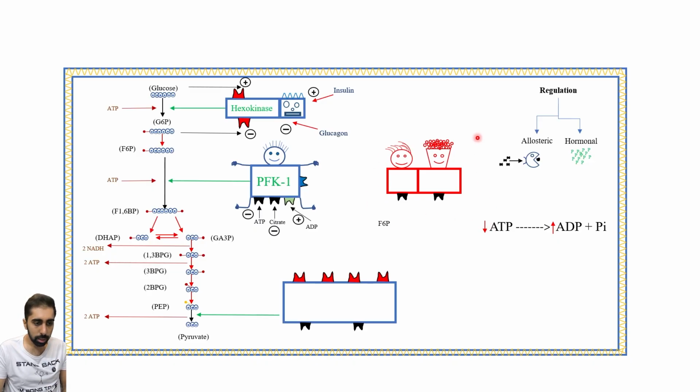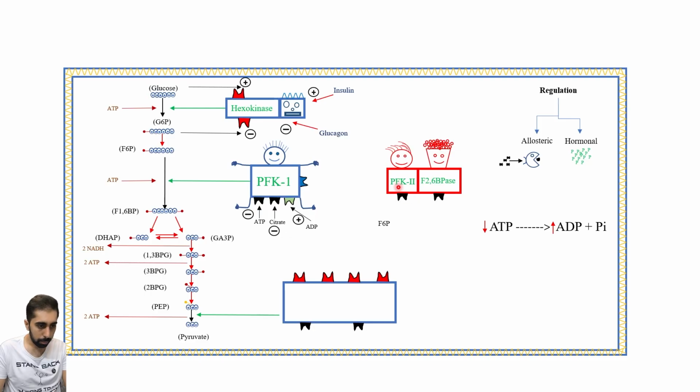We have this enzyme complex. What does this enzyme do? We have fructose 6-phosphate here. This complex has two enzymes, PFK2, phosphofructokinase 2, and fructose 2,6-bisphosphatase.